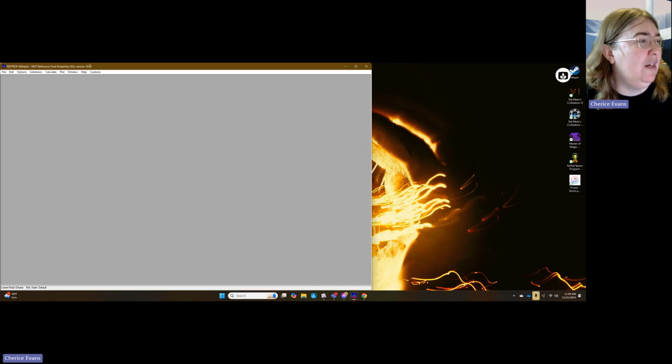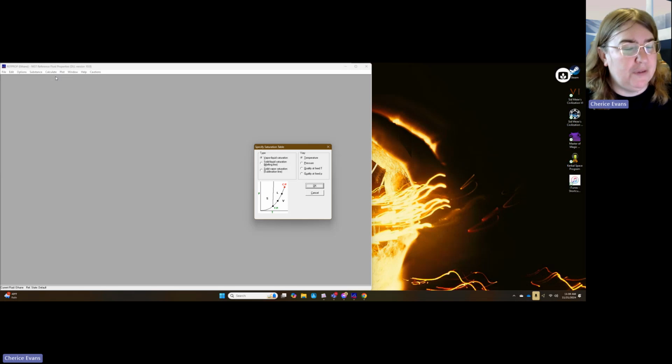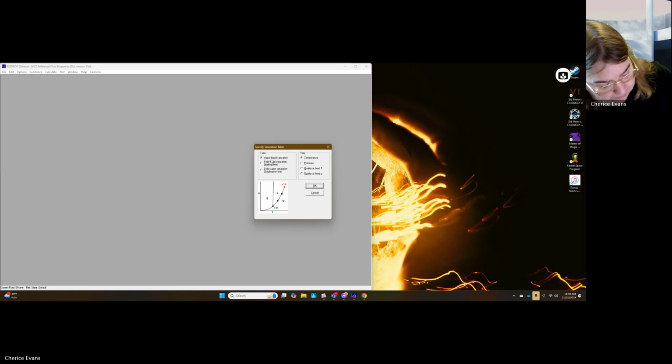And then the final thing you need to check before you start doing anything is to see what you can calculate. The way you do that is you go to saturation tables. In saturation tables, you'll see that for ethane, I've got a vapor liquid saturation, I have a solid liquid saturation, so the melting line, and I have a solid vapor.